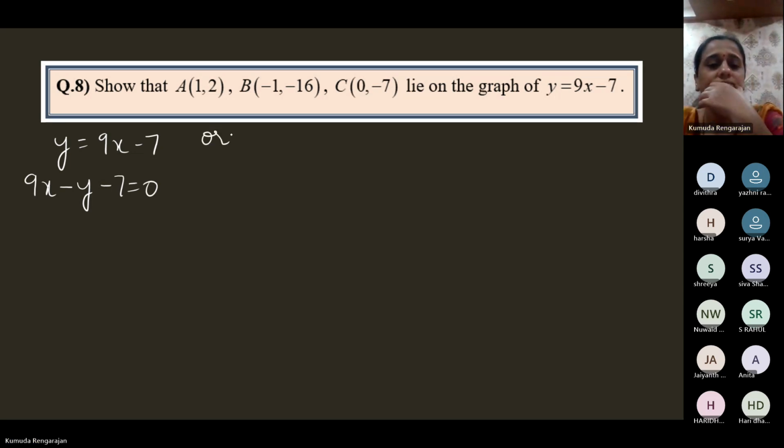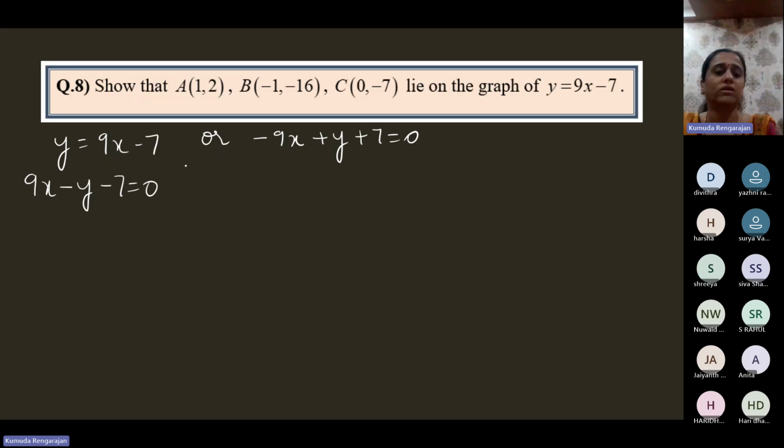Or minus 9x plus y plus 7 is equal to 0.